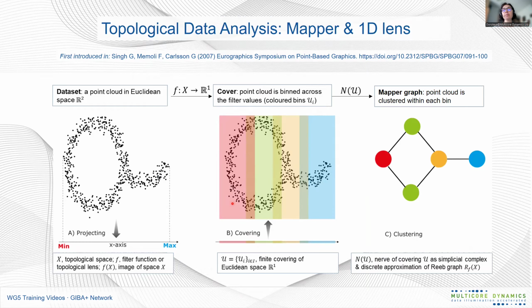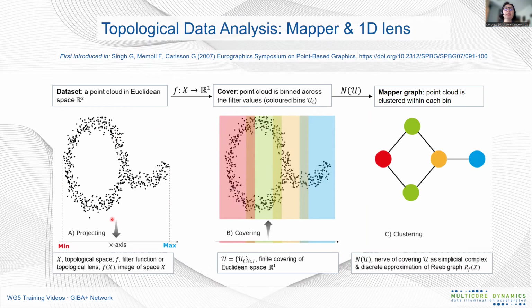The main algorithm used in TDA is called mapper, and as the name suggests, it refers to constructing a map. So it starts with assuming that the input dataset is sampled from a point cloud, as the one shown here on the left, and then a mathematical operation can be applied to it.